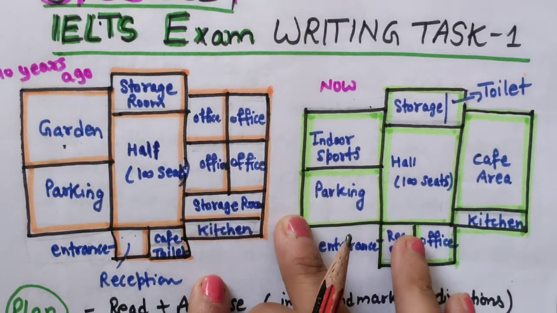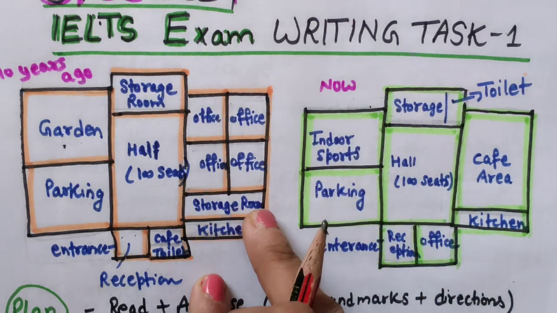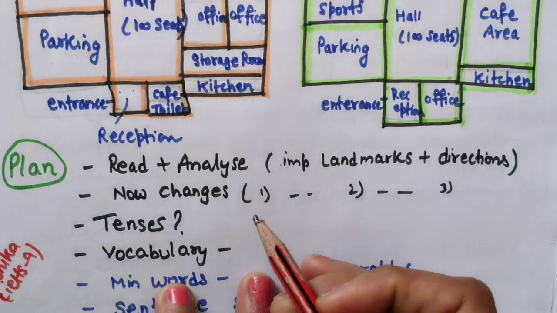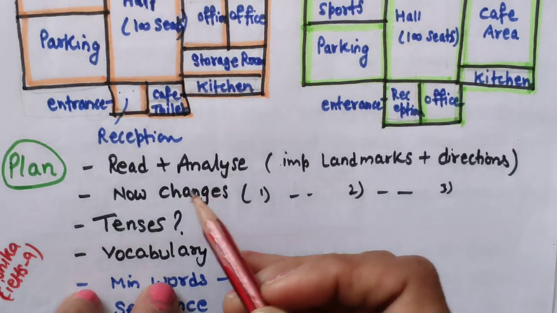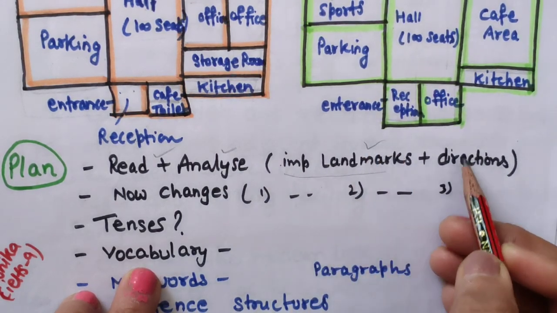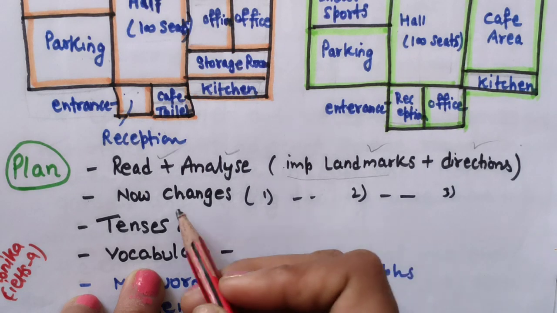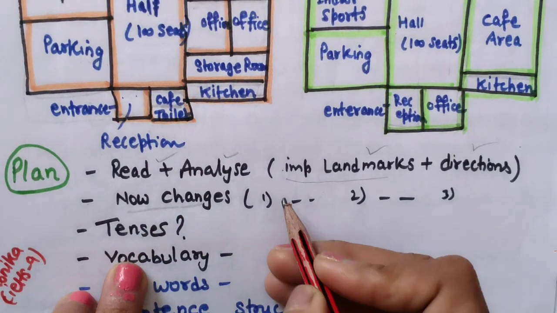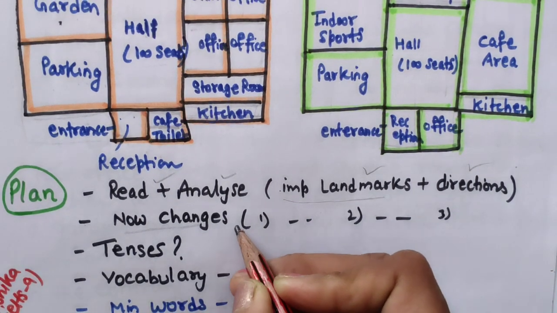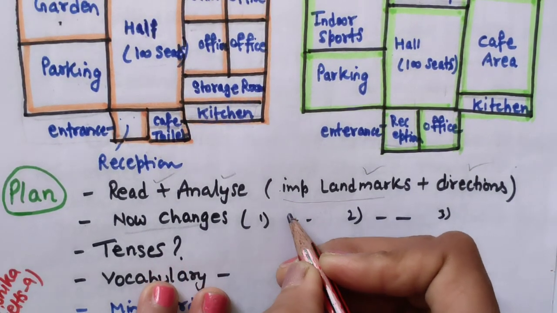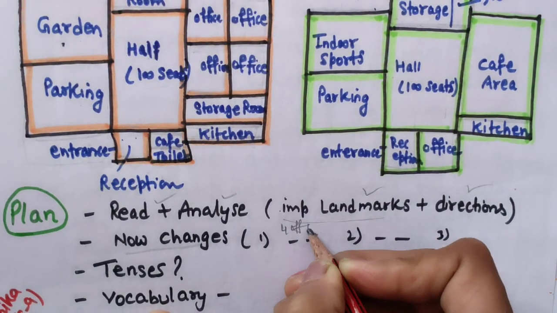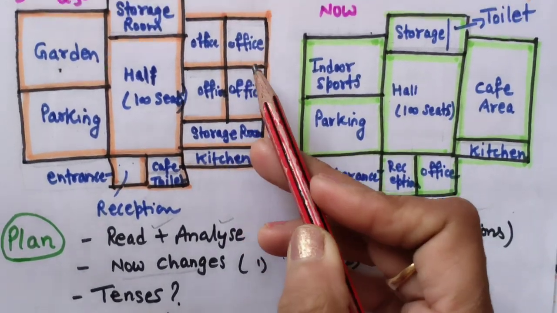So now we have noted down some changes and the directional words. The first step we have done; we will read the question statement, and I will also tell you the introduction. Important landmarks we have analyzed, directional words also done. For the changes, while writing the detailed paragraph, you can just write them down, like removed four offices, or you can just mark it on the question paper.